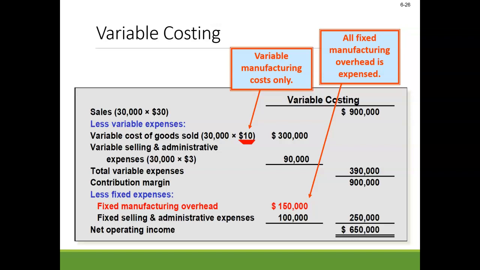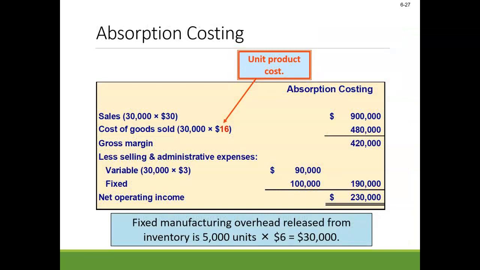Under variable costing, all the fixed overhead was put as a period cost. Under absorption costing, we add those fixed costs to our product costs. Once that extra 30,000 is released from inventory, it's going to be part of the income statement.